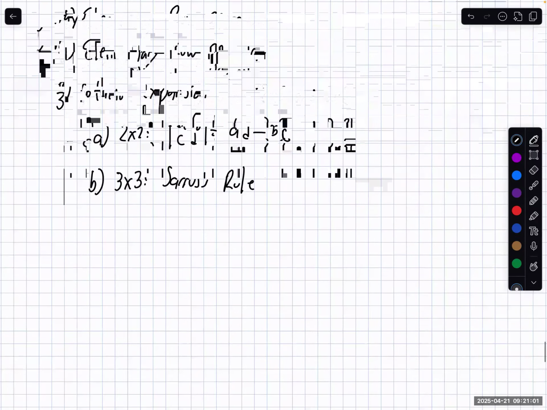Okay, so let's talk about the elementary row operation. It's a way of finding a determinant.